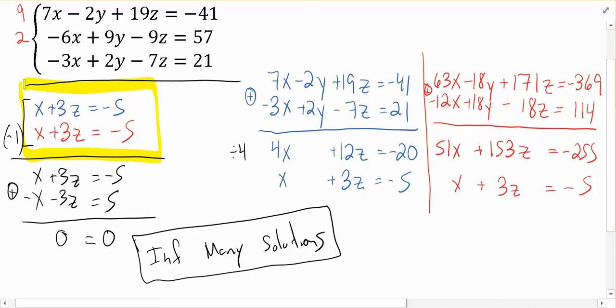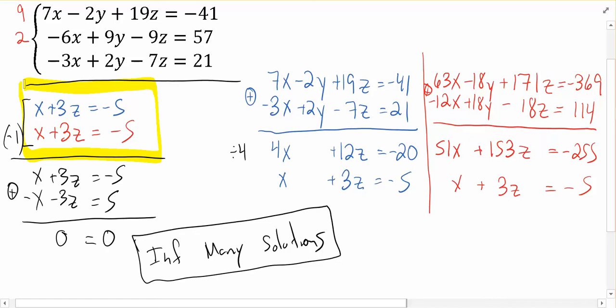So as far as the blue situation, which was planes 1 and 3, we see what its line of intersection looks like. Then we look at planes 1 and 2, and its line of intersection is the same. So what that tells us is all three planes share a line of intersection. So all these are intersecting on the same line rather than the same point. That's what's going on here.